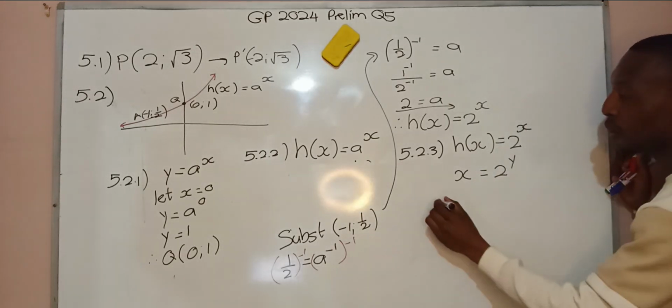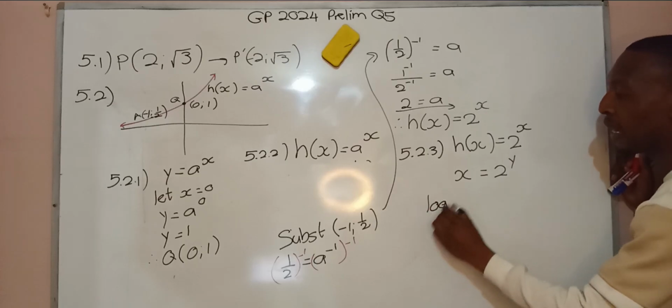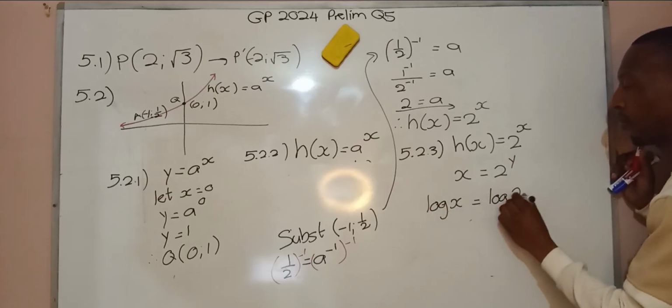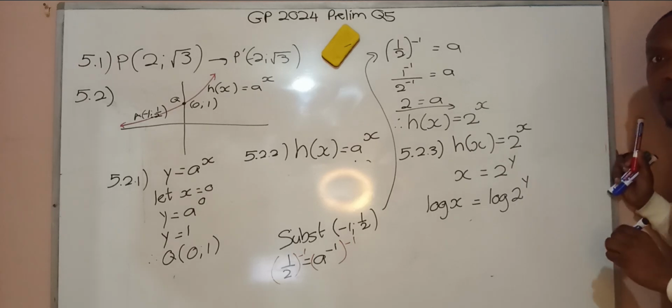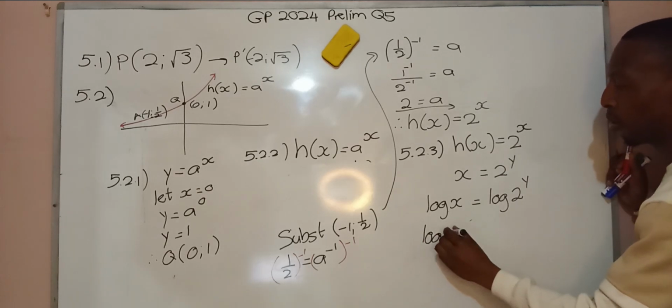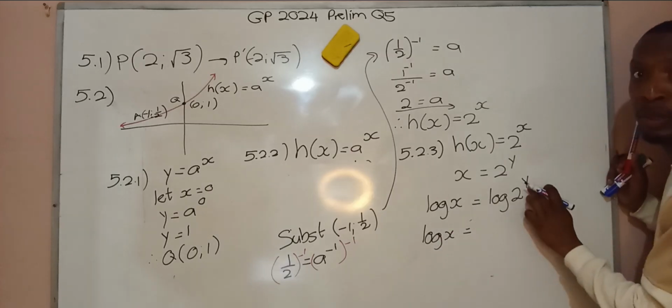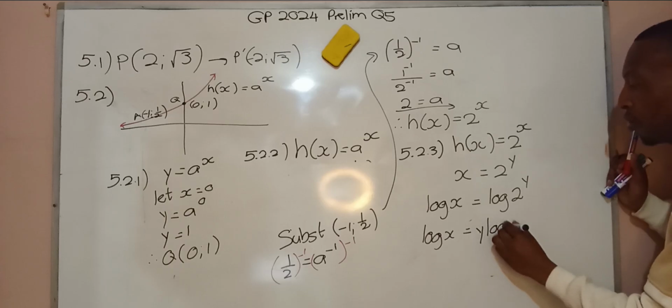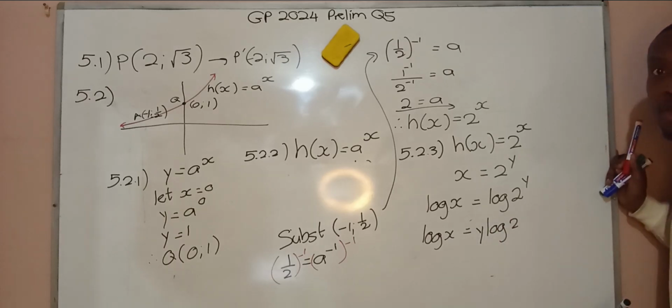So we take the logs of both sides, right? And then the log law says I can bring the exponent down. So it's y log 2. Now I can solve for y by dividing both sides by log 2.